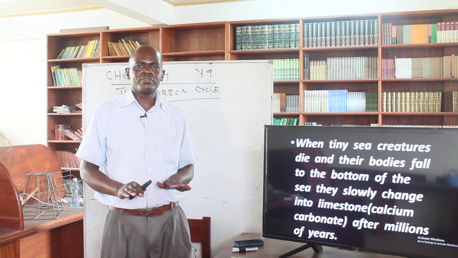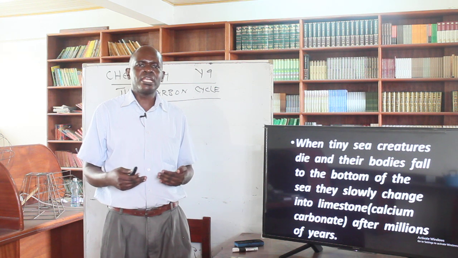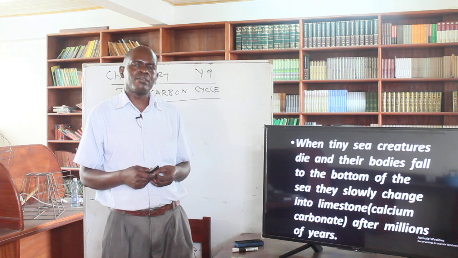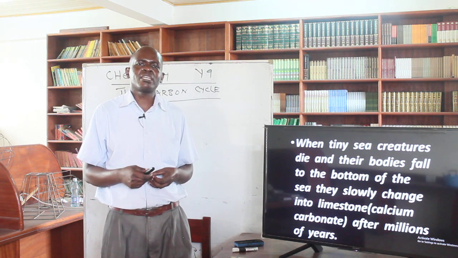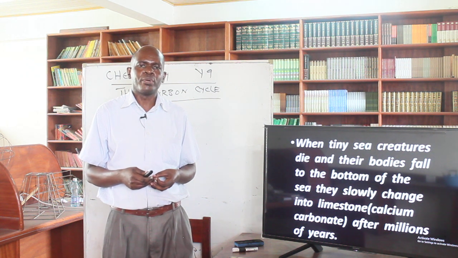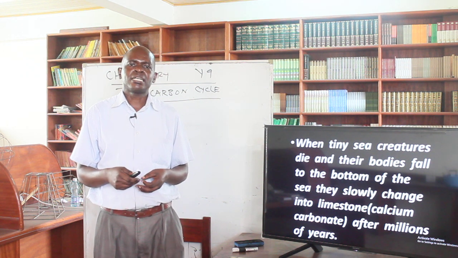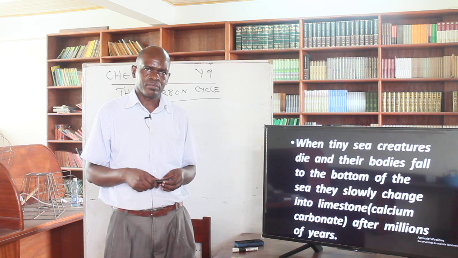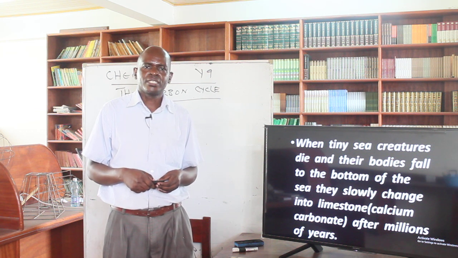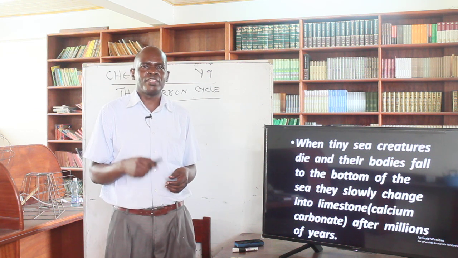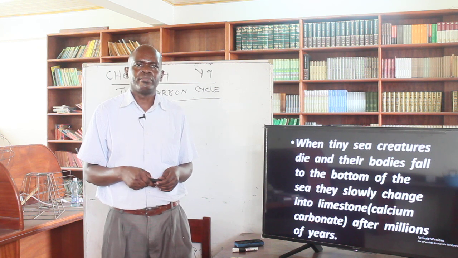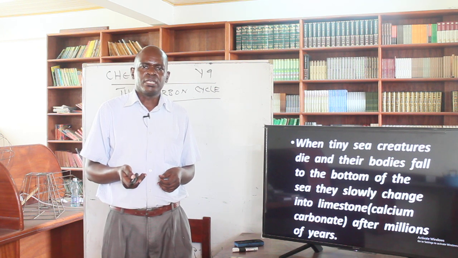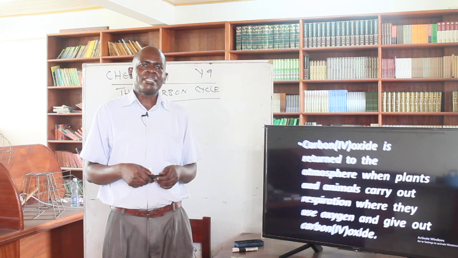When they go to the bottom of the sea, they slowly change into limestone. And limestone, remember in chemistry, is the common name for the chemical name calcium carbonate. That's calcium carbonate. And remember, calcium carbonate is very important in our chemistry lessons. But this does not happen just instantly.